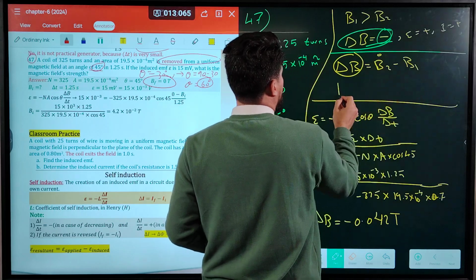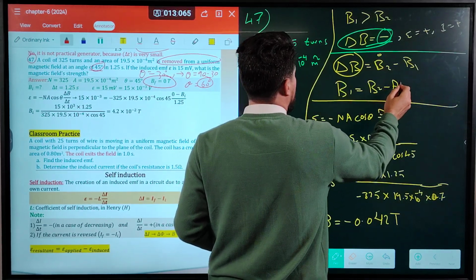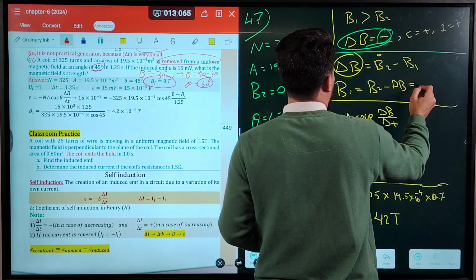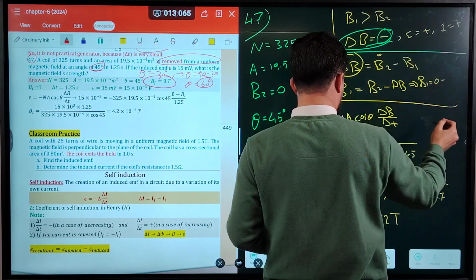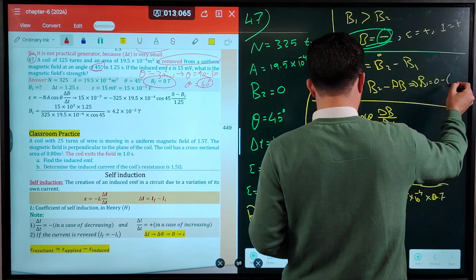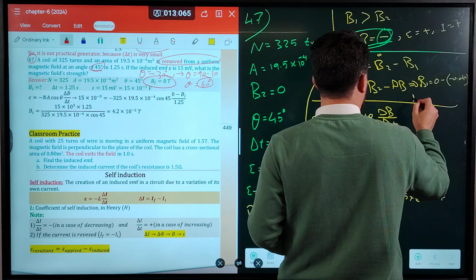How can I rearrange for B1? B1 is equal to B2 minus delta B. B1 is equal to B2, which is 0, minus delta B, negative 0.042.